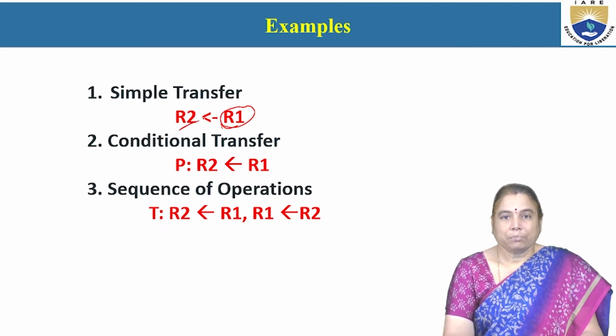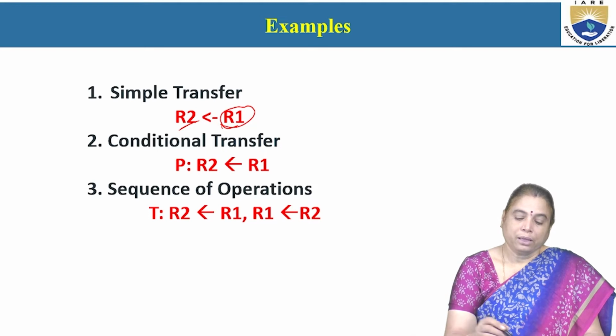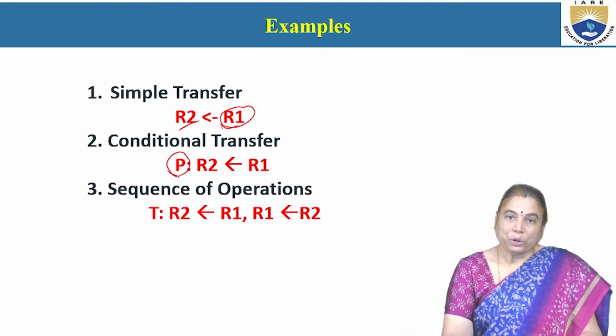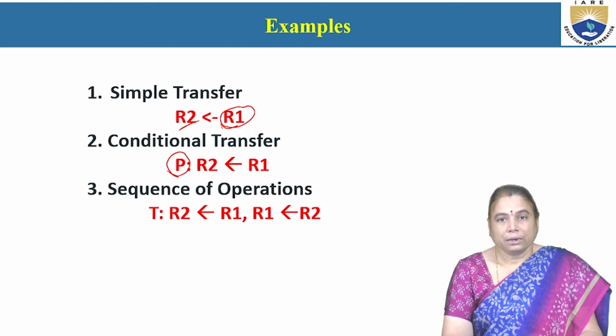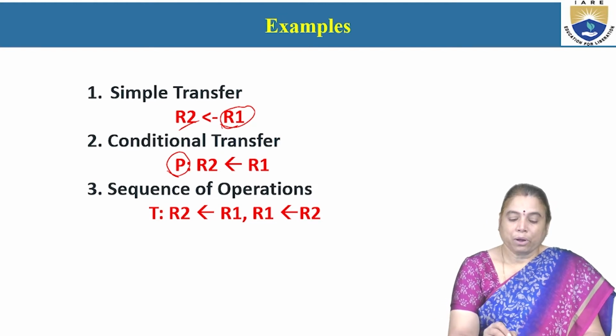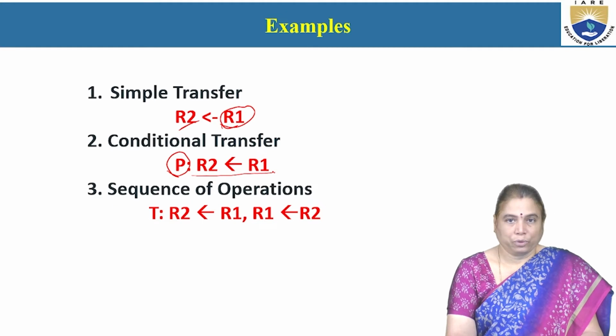The second example is conditional transfer. So here the control function is used for the conditional transfer. Here P is a control function. It is a Boolean variable which can have either 0 or 1 value. If the control function holds the value 1, then only the micro operation specified after the colon is executed.